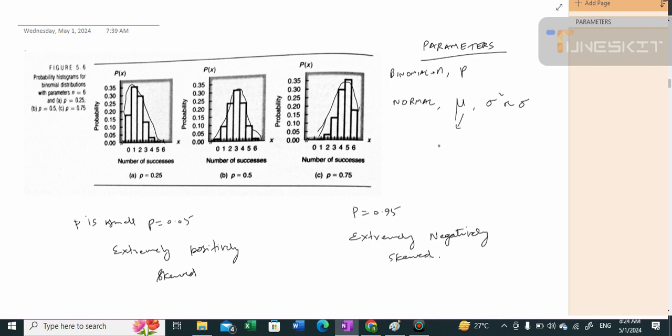Mean we call the location parameter of the normal distribution, while sigma square or sigma we call the shape parameter or scale parameter, because it tells us about the shape of the distribution, the scale of dispersion.